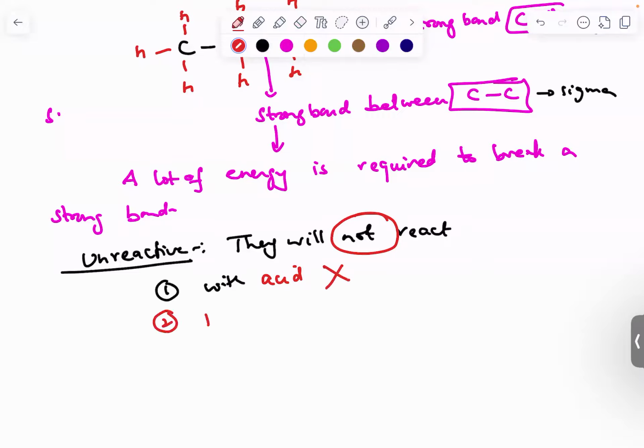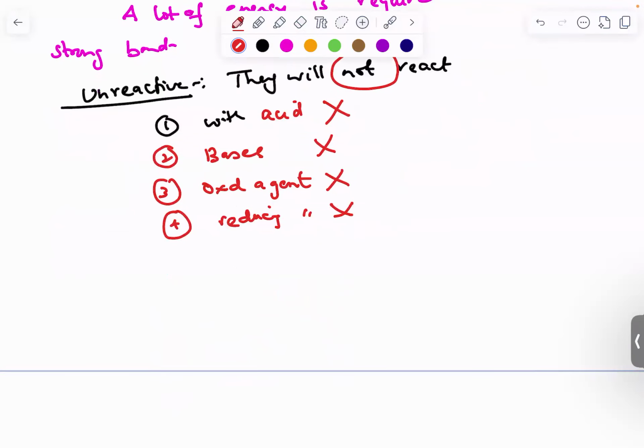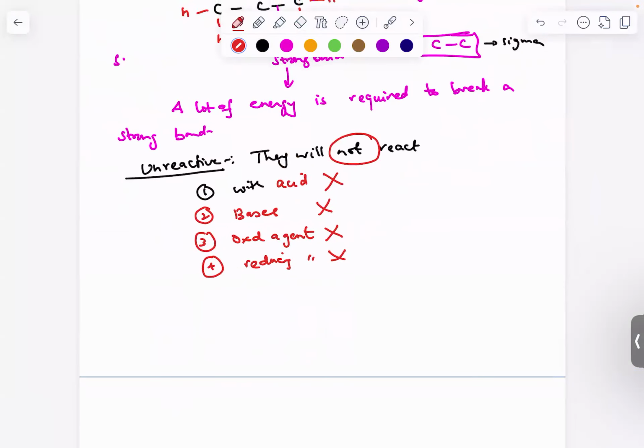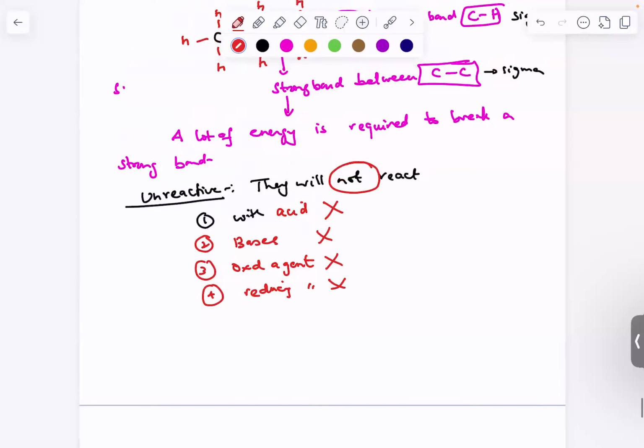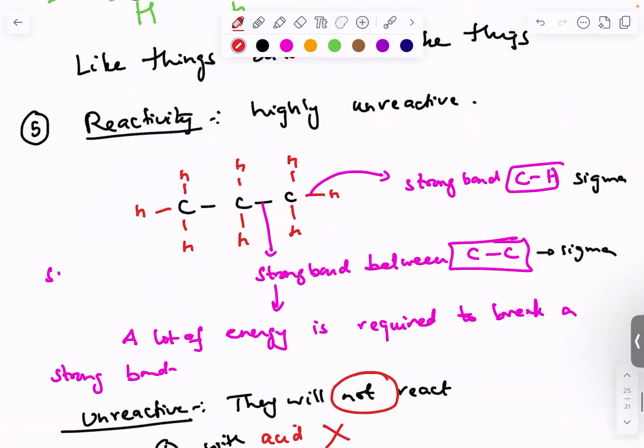They will not react with bases. They will not react with oxidizing agents. They will not react with any reducing agent. However, if you provide very strong heat to them, then they will break down. These bonds would break down.